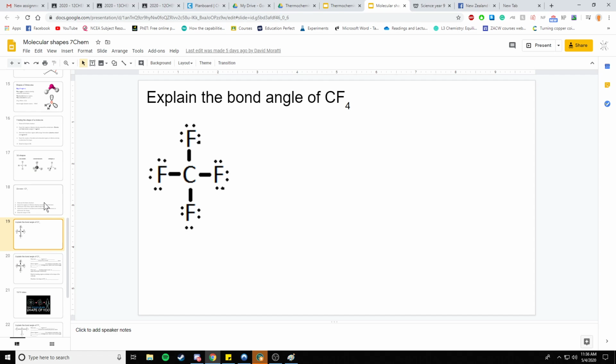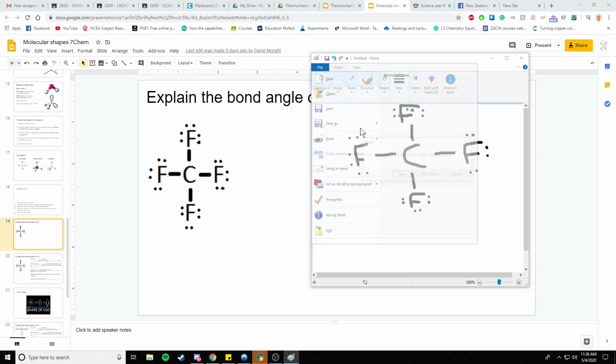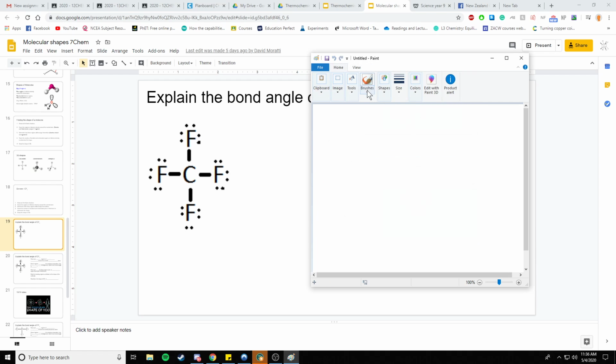So, explain the bond angle of this. Well, firstly, I'm just going to draw it in 3D so you can see what I mean. We have got carbon in the middle with 1 bond going to fluorine up here, 1 bond going to fluorine up here.